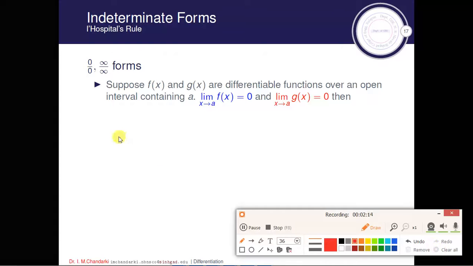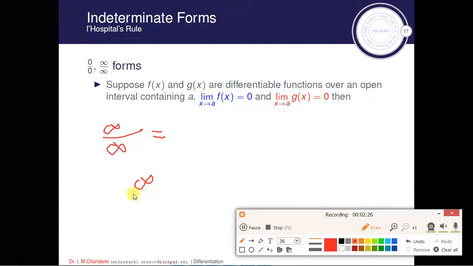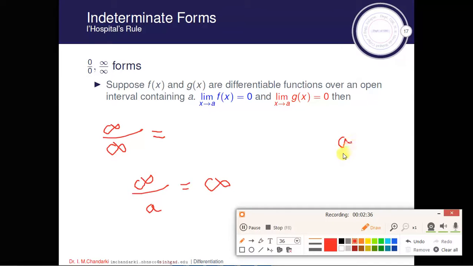In a similar way, infinity by infinity also is an indeterminate form. You know that infinity divided by any constant gives infinity, but any constant divided by infinity gives 0.